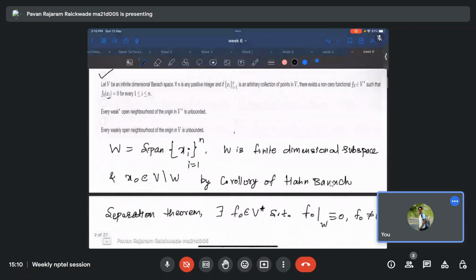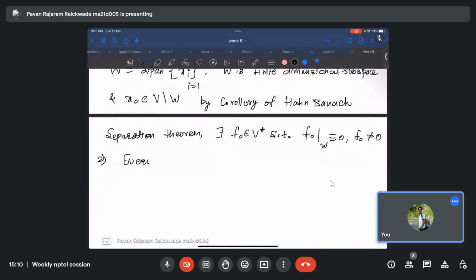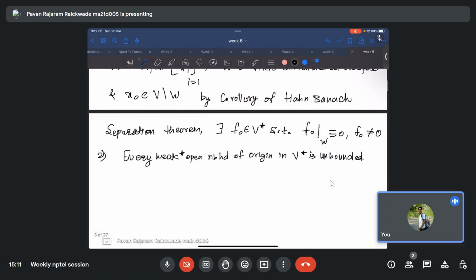Second, every weak star open neighborhood of the origin in V star is unbounded. The basic idea is, if we prove the statement for basic open sets, then we are done.